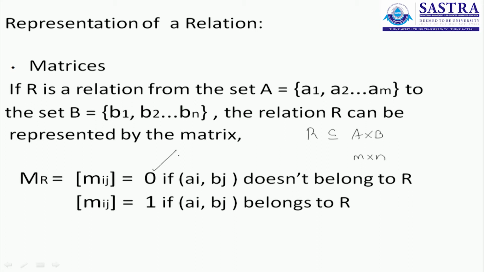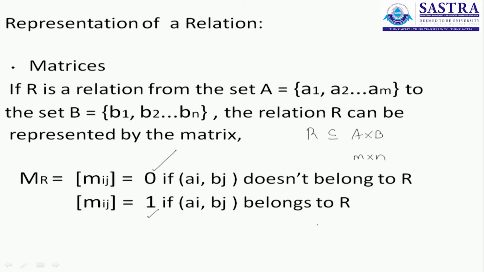It will be a 0 if the corresponding pair doesn't belong to R. It will be a 1 if the corresponding pair belongs to R. So this is how you can pictorially represent a relation in the form of a matrix.